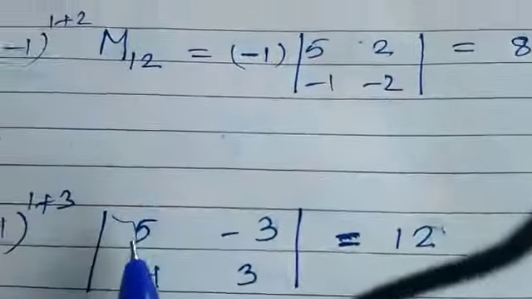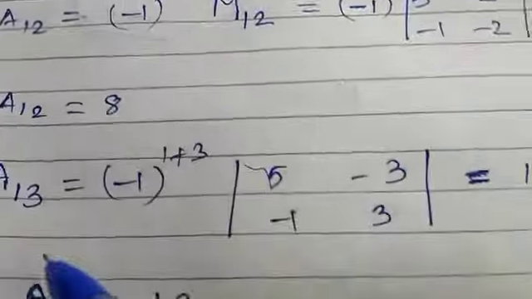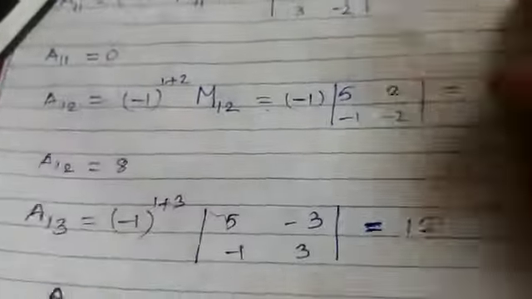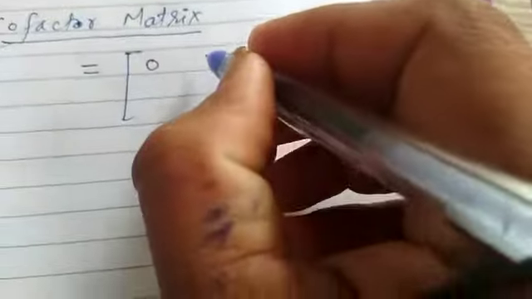A11 is 0. I will write it here, first row, first column 0. Then A12, it is what? A12 is 8, A13 is 12.